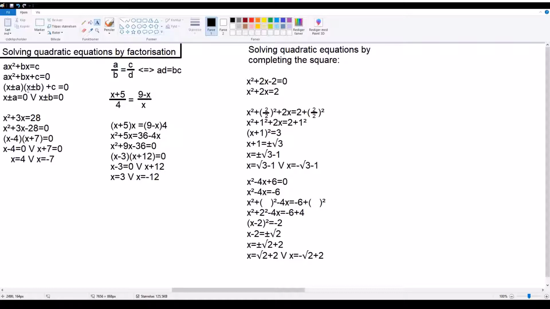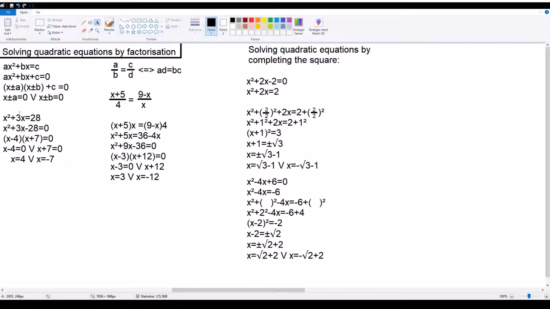This is because whenever a or b are positive or negative is not specified, meaning that they could be either of those two. And this means that x plus minus a equals 0 and or x plus minus b equals 0, because one of these two has to be 0.